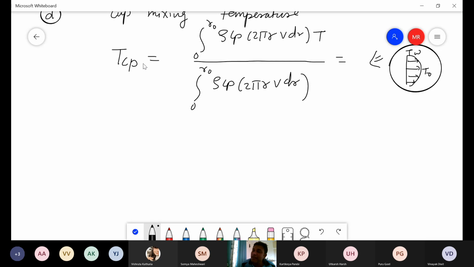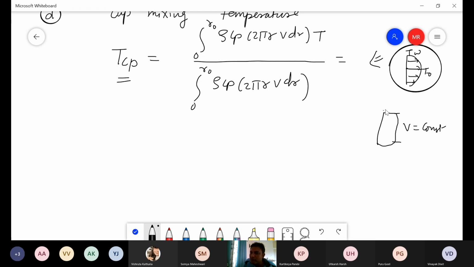In laminar flow, this cup mixing temperature is not used at all, because in laminar flow we are assuming that the resistance lies up to this point. But in turbulent flow, the velocity profile is something like this, so mostly the velocity is constant, and the temperature is also similar.